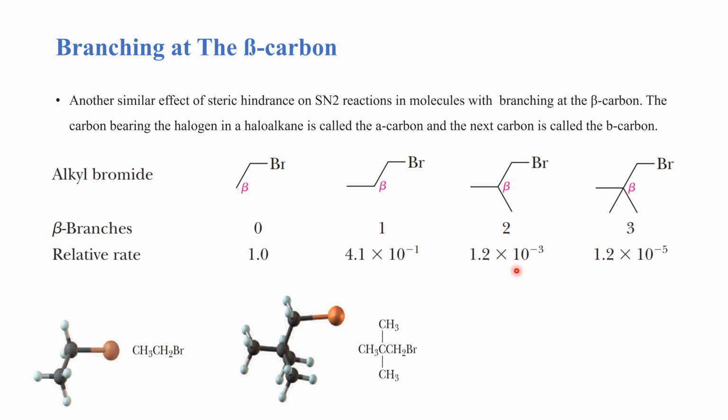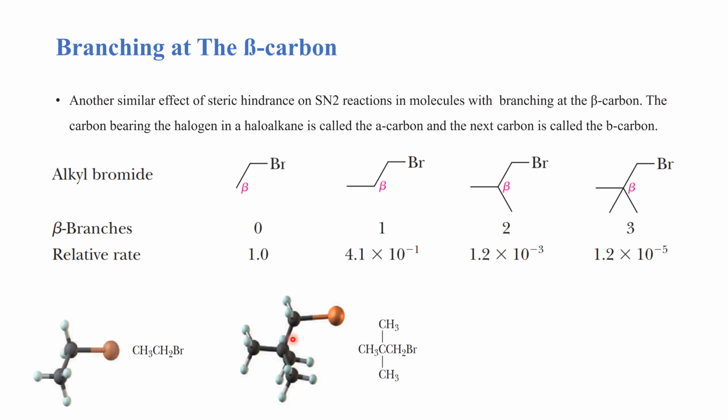That's just too much reduction in the rate of reaction via the SN2 mechanism. So it means that if we have more beta branches, the reaction will move from SN2 to the SN1 mechanism, and would more likely go through SN1.